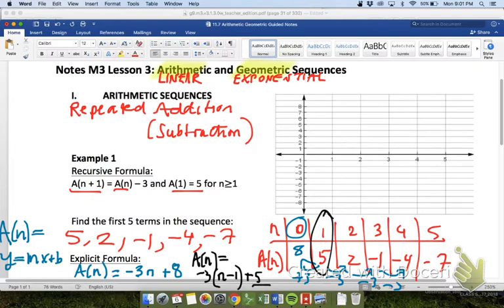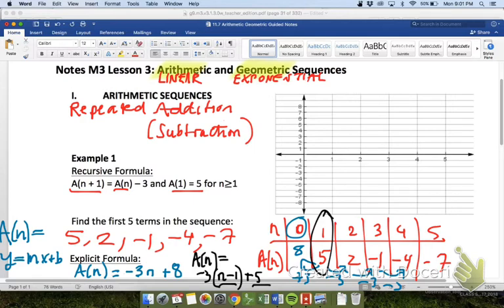But to balance it out, where I have the n, I have n minus 1 inside the parentheses. So if I plug in 1 for n, I get 1 minus 1 in those parentheses, which is 0. And the value of my function is exactly 5, which is the number in the sequence when n is 1. Okay, so if that makes more sense to you and feels easier, you could use that, or you could stick with y equals mx plus b.